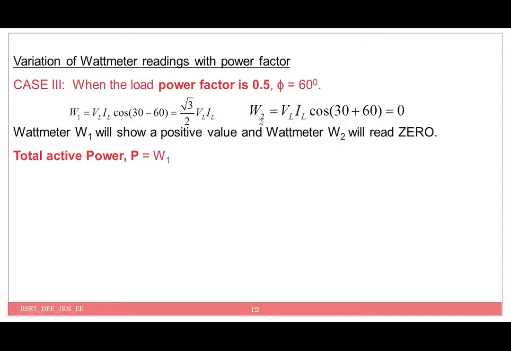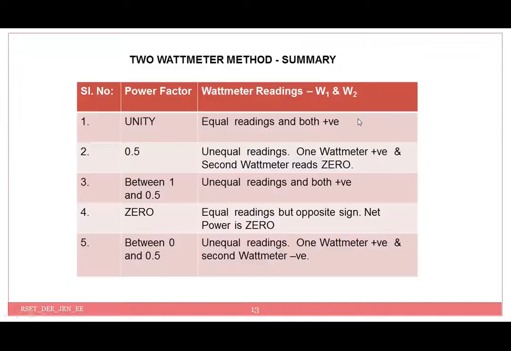So W2 shows a 0 reading, and the wattmeter W1 shows cos 30, which is root 3 by 2, so it is root 3 divided by 2 VLIL. So W1 will show a positive reading and W2 will show a 0 reading. So what is your total active power? Total active power stands as W1 alone since W2 is showing a 0 value.